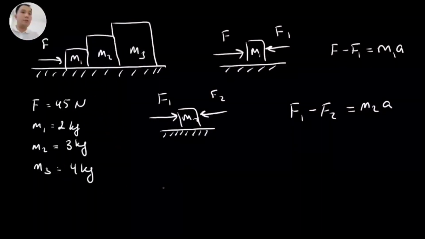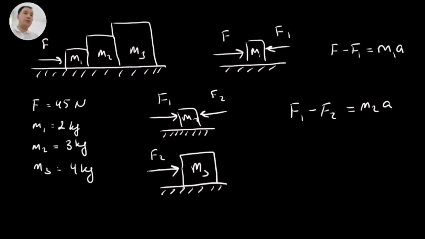Now let's draw the free body diagram for the last one, the third object, M3. F2, which is trying to stop the second object, will move the third object to the right. So F2 is directed to the right. There is no friction, so that's all; in the horizontal direction we have only one force for the last object.